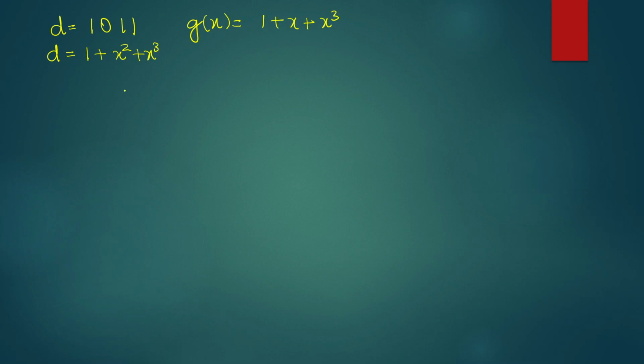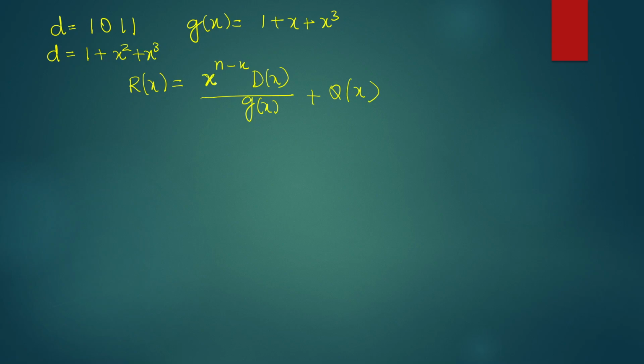So how to find out r of x? Now we can find this out in a systematic way. The systematic form of obtaining the cyclic code is, first we need to obtain r of x, which is found out by x power n minus k into d of x divided by g of x plus q of x.